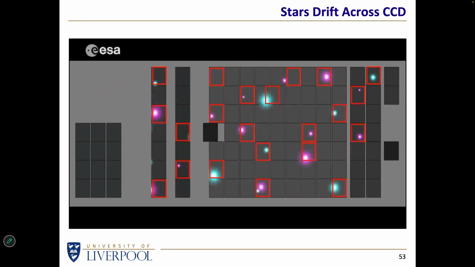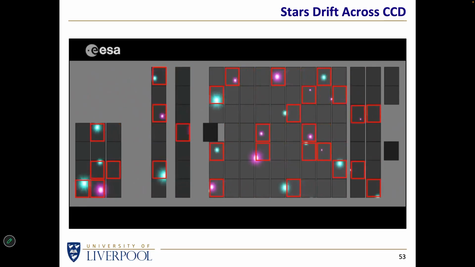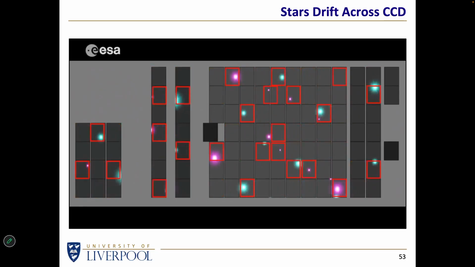This particular little cartoon shows about 24 stars moving across the detector. In practice, there's more likely to be 500,000 stars moving across the detector at any given time. And in any given second, thousands of stars will be reaching the edges of these CCDs where their brightness will be recorded and the microsecond timing of when they arrived will be recorded as well.